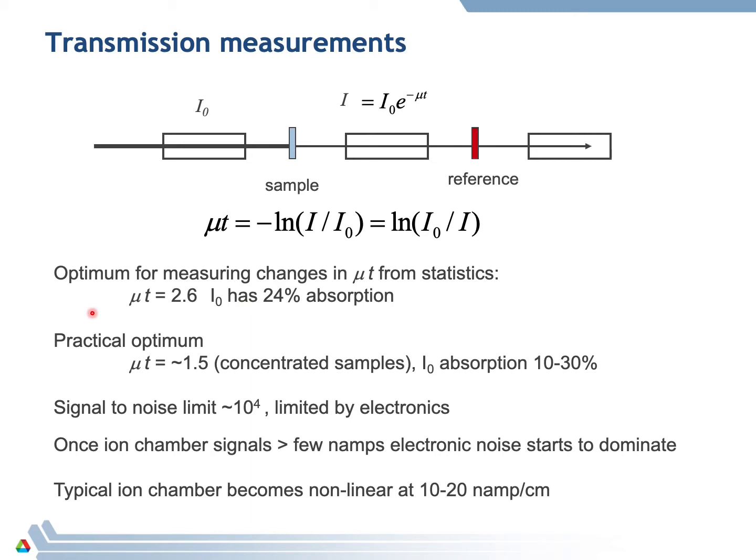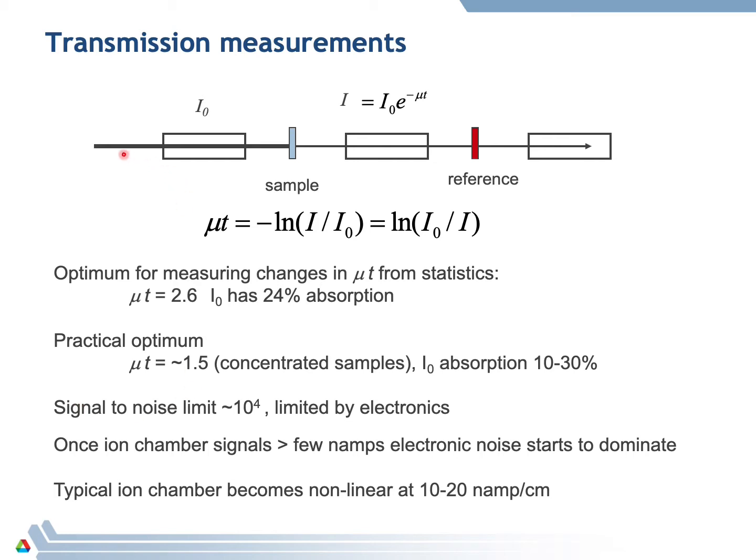Now, because of other issues, thickness effects, which I'll talk about in a minute, the practical optimum for a concentrated sample, one where most of the absorption is from the element of interest, you'd want to have a mu t of about 1.5 would be good. And it turns out that the signal to noise that you calculate from statistics is not very sensitive to this I0 absorption. So anything in the 10 to 30% range would give you more or less the same signal to noise and be good.